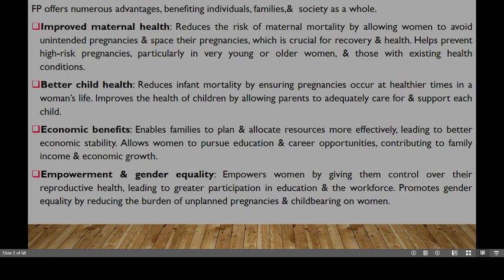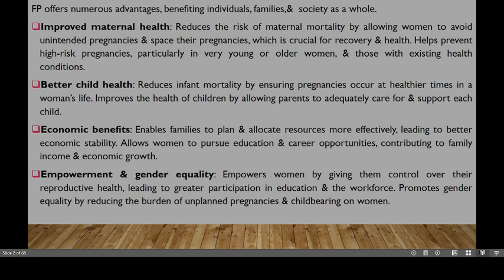You find family planning reduces the risk of maternal mortality by allowing women to avoid unintended pregnancies and space their pregnancies, which is crucial for their recovery and health. So, in doing so, family planning helps prevent high risk pregnancies, particularly in very young or old population or with those who have pre existing conditions.